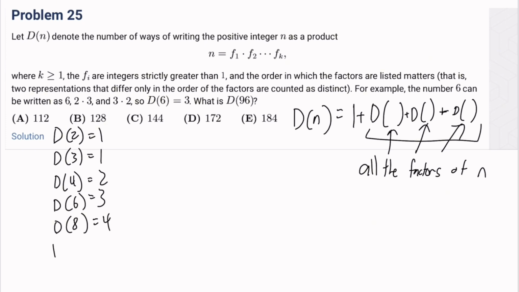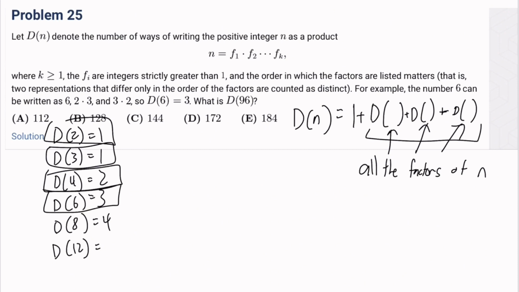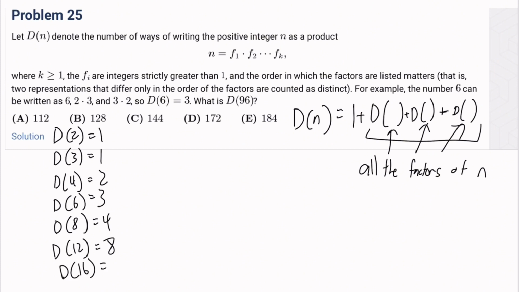And then what we want next is d12. d12 is 1 plus 1 plus 1 plus 2 plus 3, so that's 8. Then next we want d16. d16 is 1 plus 1 plus 2 plus 4, so that is also 8.